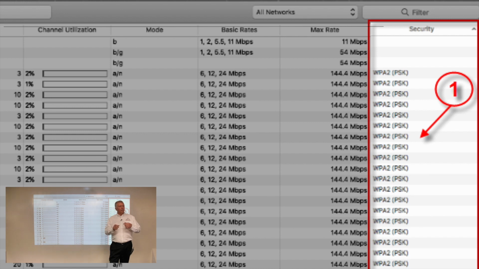So TKIP fixed WEP by adding a little software onto the front end of it, but it was still WEP underneath. And the problem with that is that WEP was an old, early form of encryption that was not very fast.